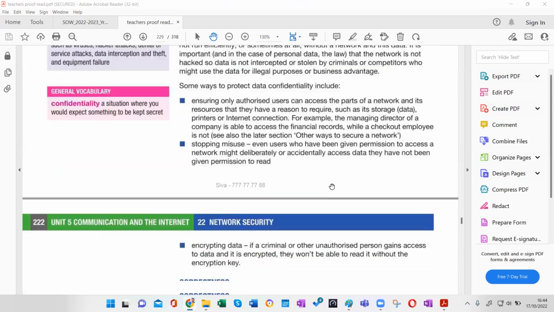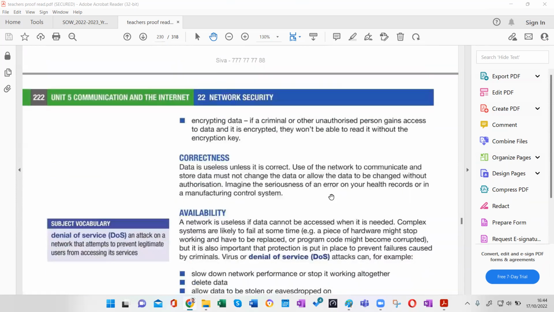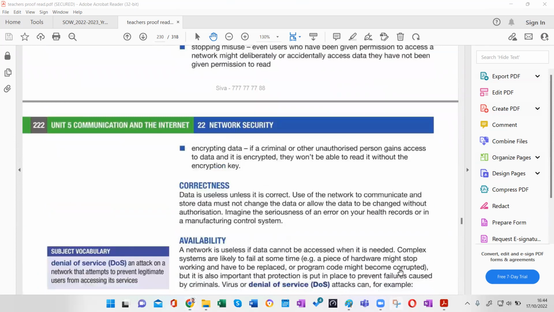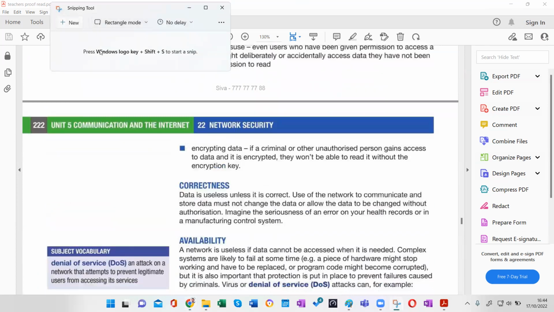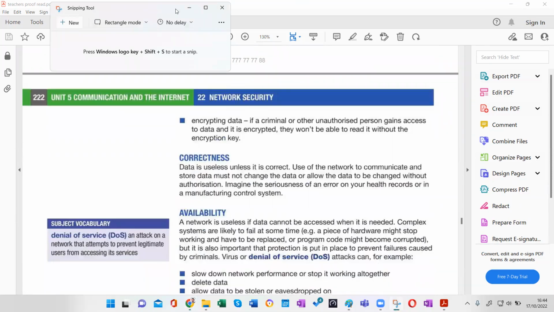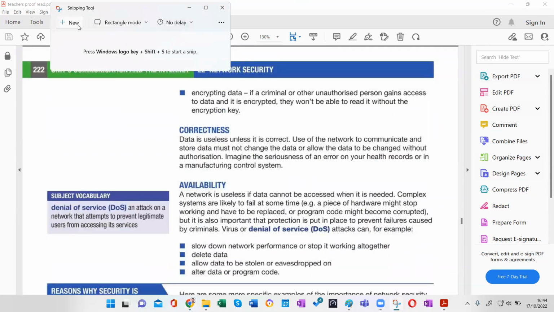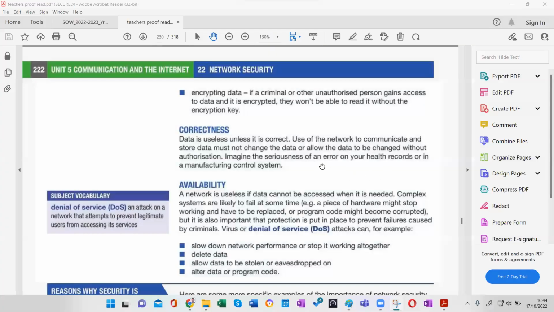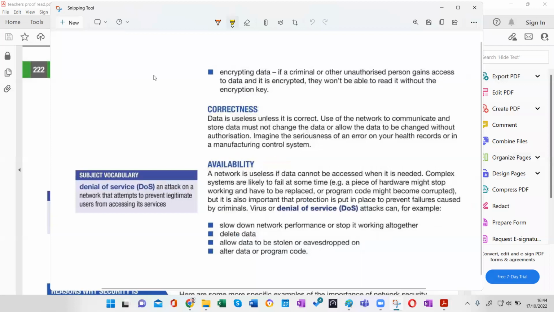Right, any questions? No? Right, the other method that you can protect your data and maintain confidentiality is encrypting. What is encryption?